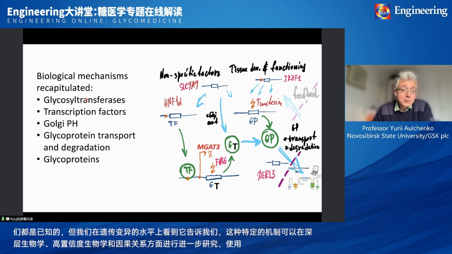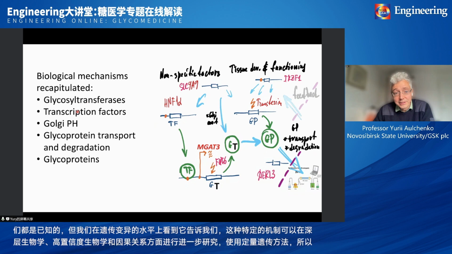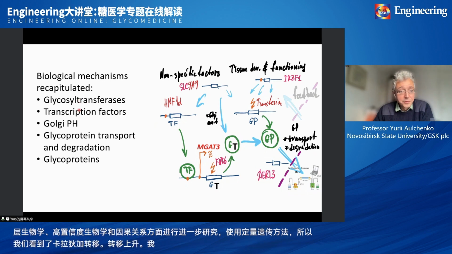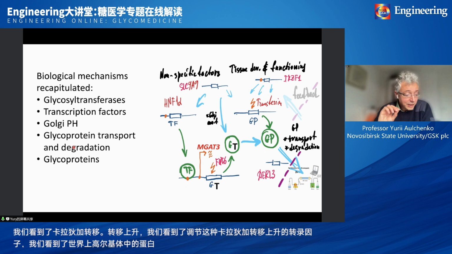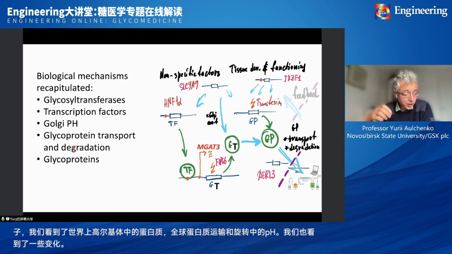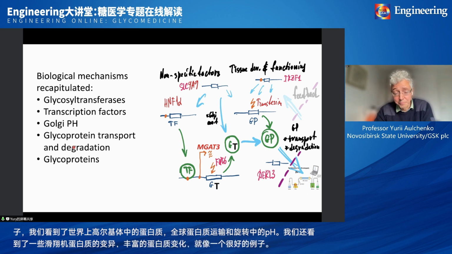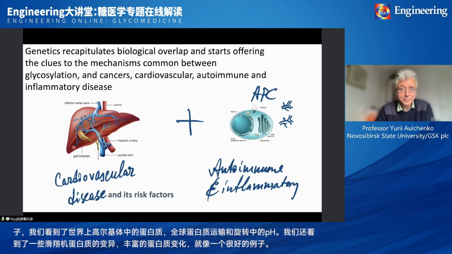So we see glycosyltransferases, we see transcription factors which regulate these glycosyltransferases. We see proteins involved in Golgi pH, in glycoprotein transport and degradation. And we also see that variation in some abundant glycoproteins does change protein glycosylation. This is a very good example of structural variation in transferrin affecting its glycosylation.